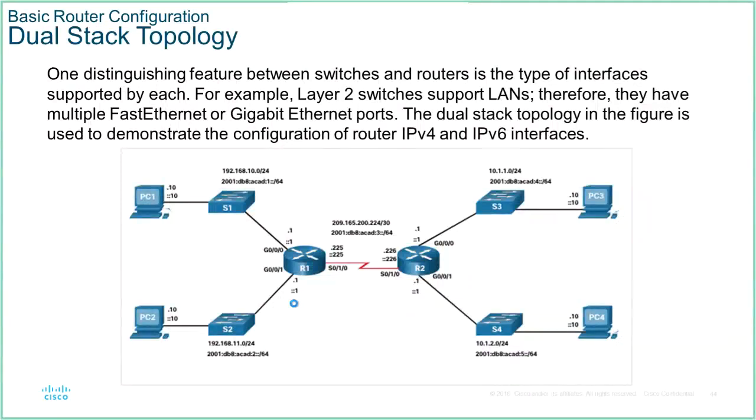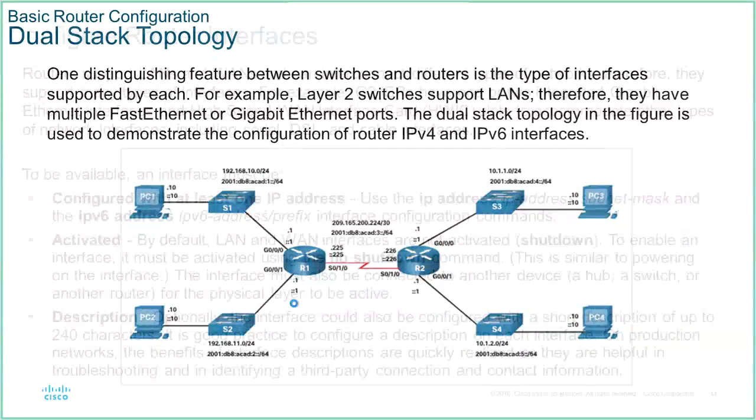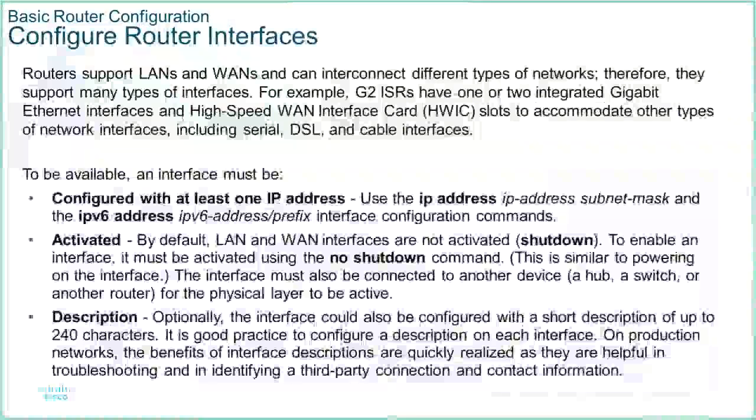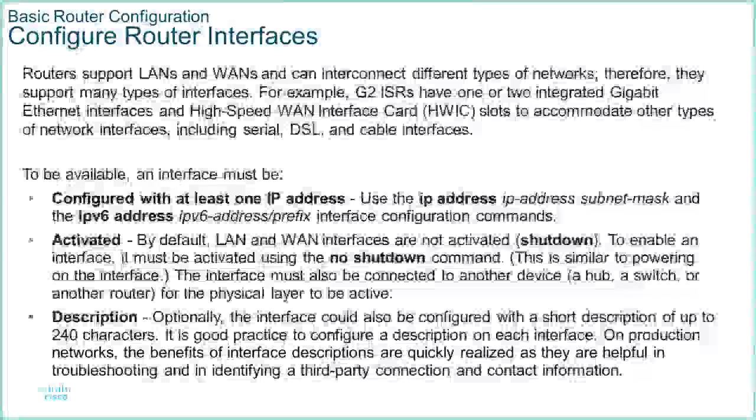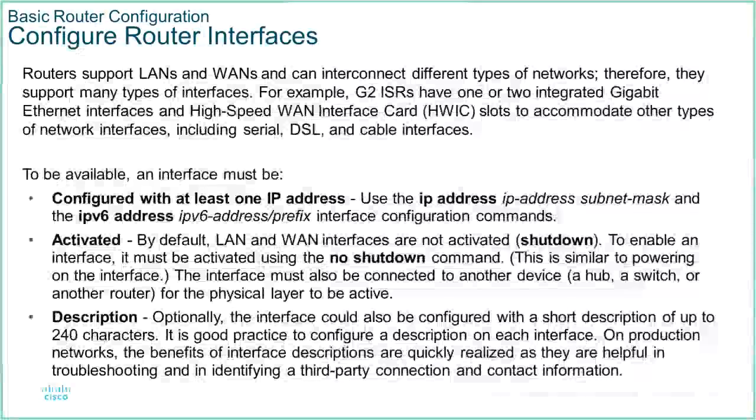So how do you configure that? Oh, you just use the commands. Now, throughout the course of the command structures, IP refers to version 4. IPv6 is the V6 command.